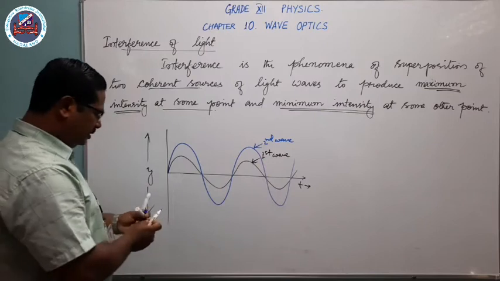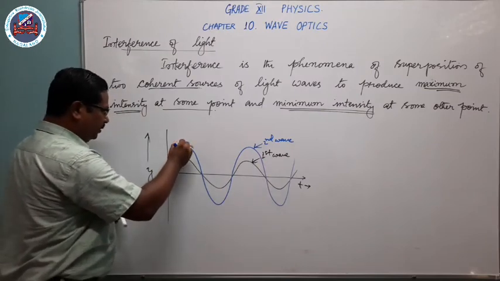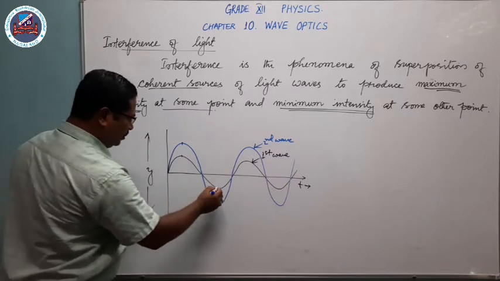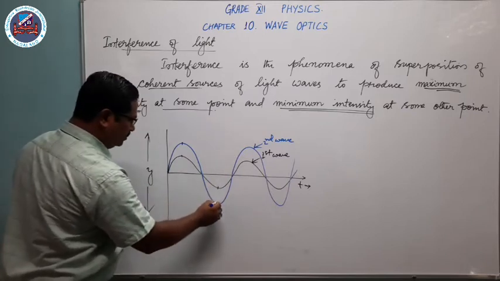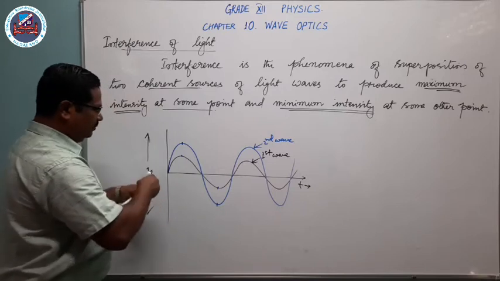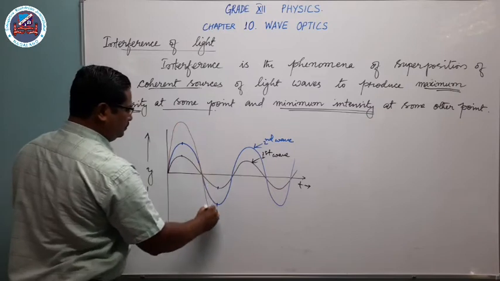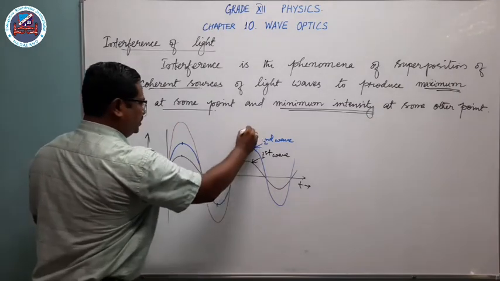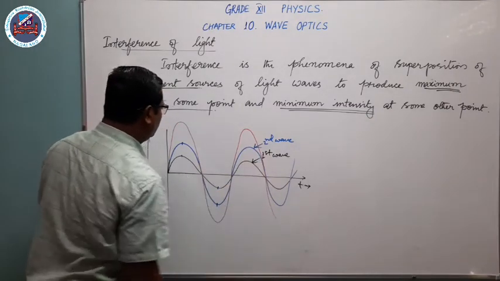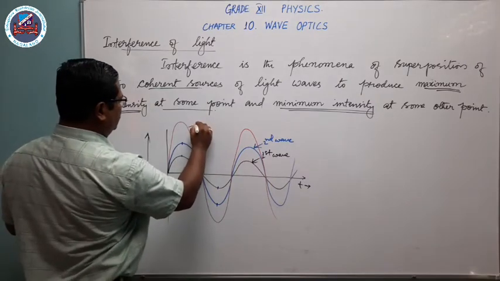When crest of one wave coincides with the crest of the other wave, or trough of one wave coincides with the trough of the other wave, then you get constructive interference. The resultant intensity will become more. This is your constructive interference. This is the resultant.